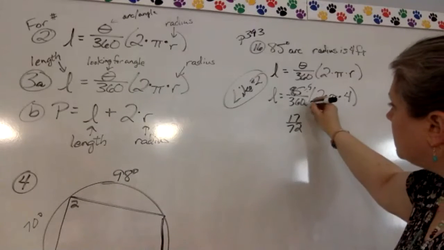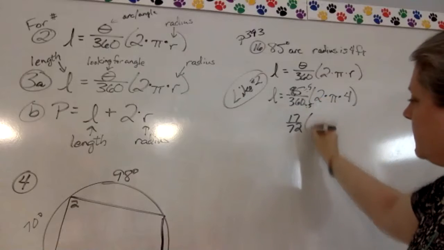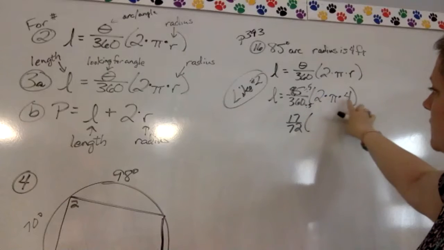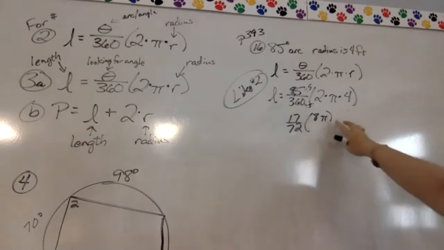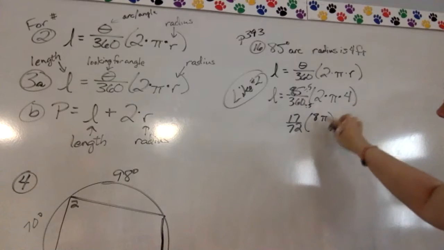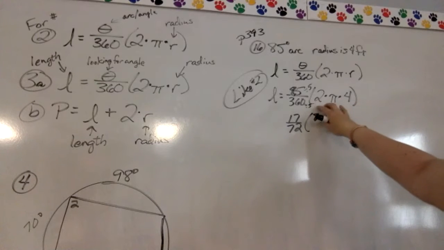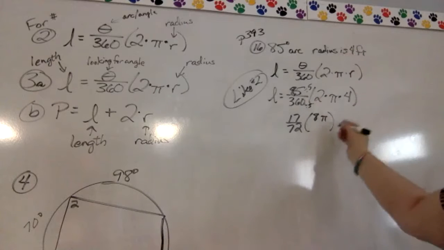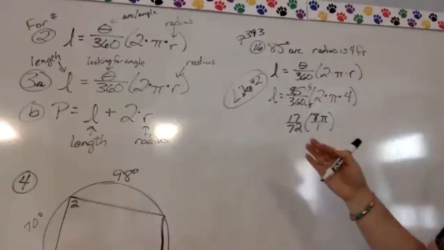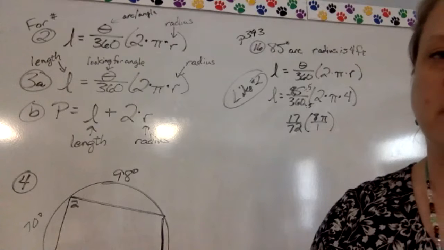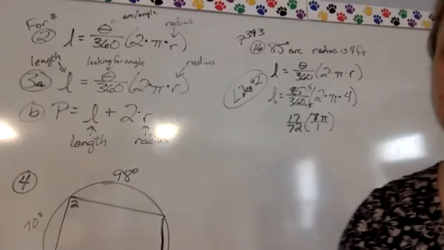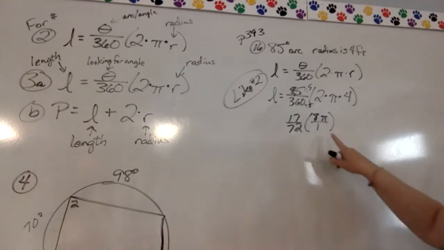All I did was reduce both of those by 5. Then over here, 2 times 4 is 8 pi. Now you'll notice when I rewrote this, I wrote it up higher because those are things that would be in the top. So it would be over 1 because I've got a fraction times a constant. You can write the other one as a fraction by putting it over 1.